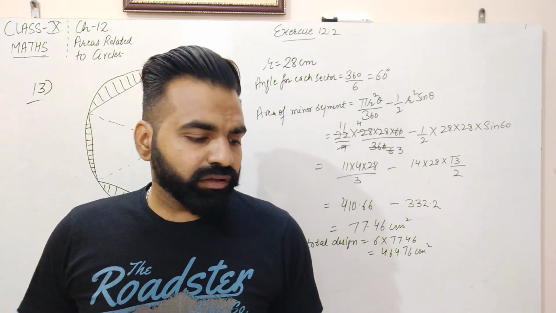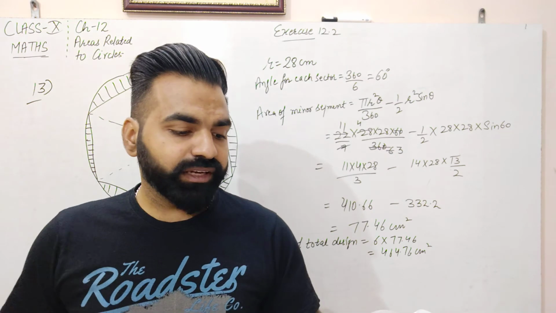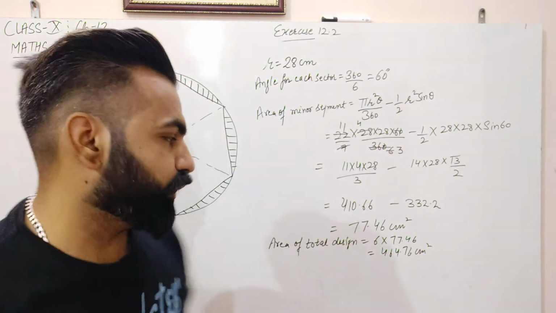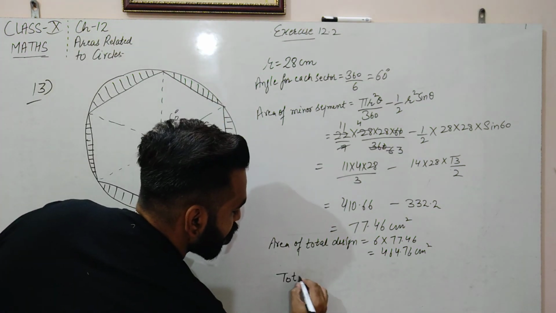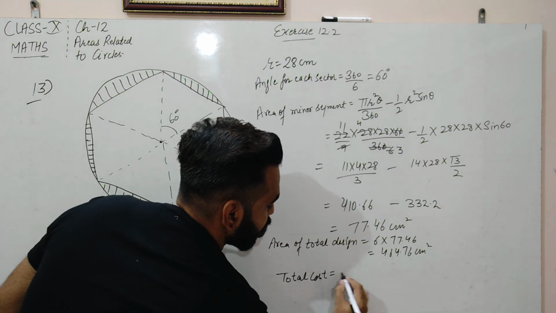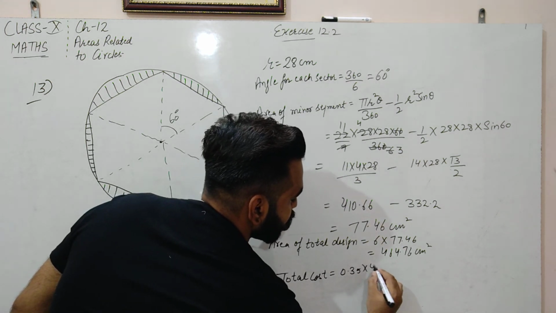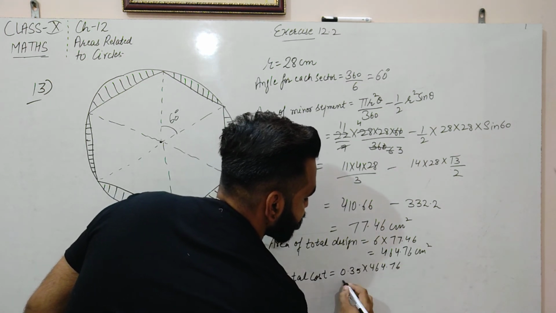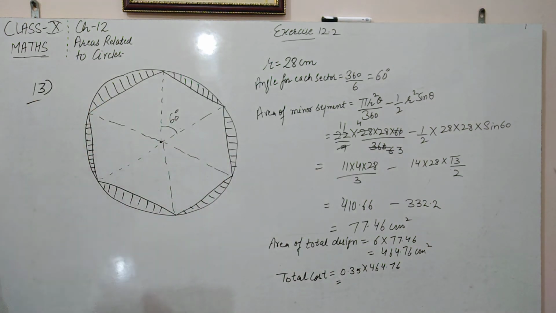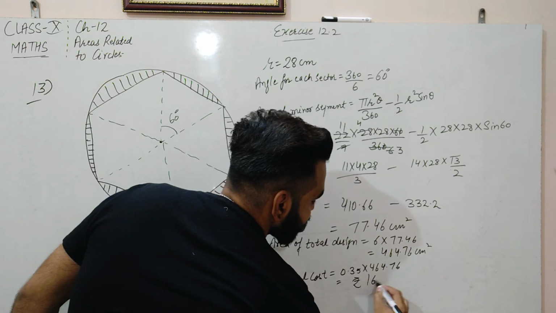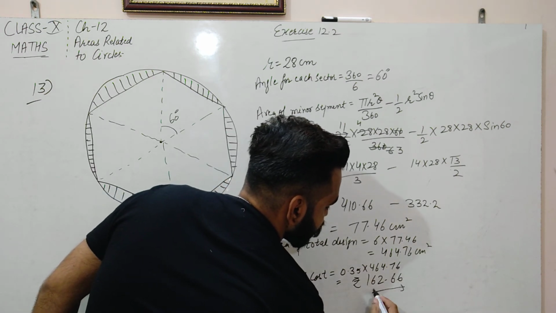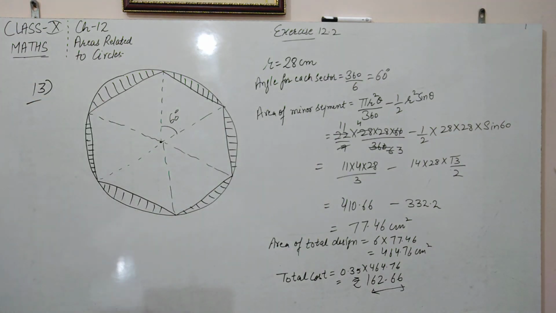It is given rupees 0.35 per centimeter square. So total cost will be equals to 0.35 into 464.76. So this will be equals to rupees 162.66. This is the final answer.